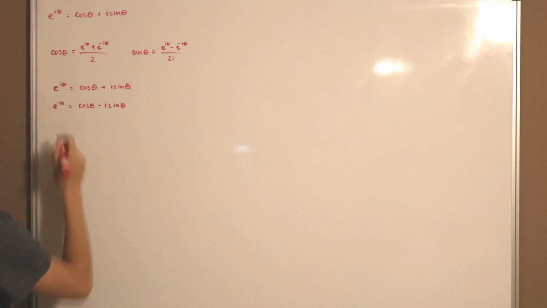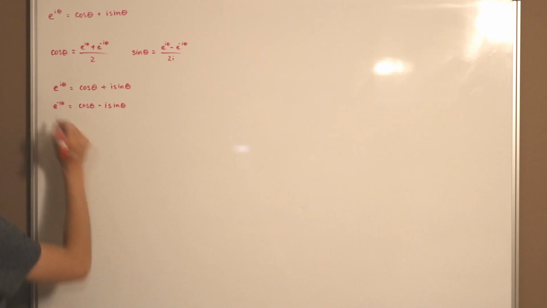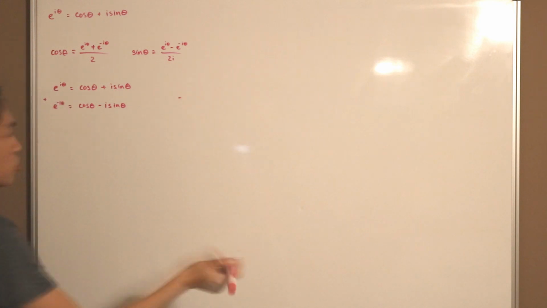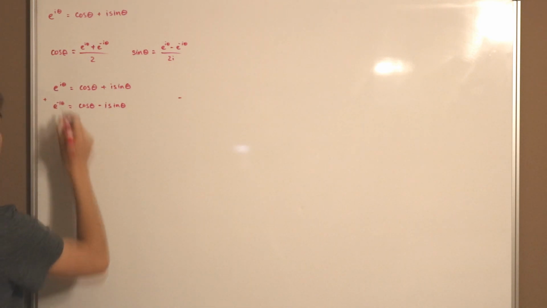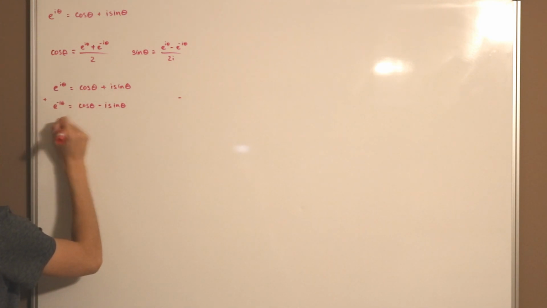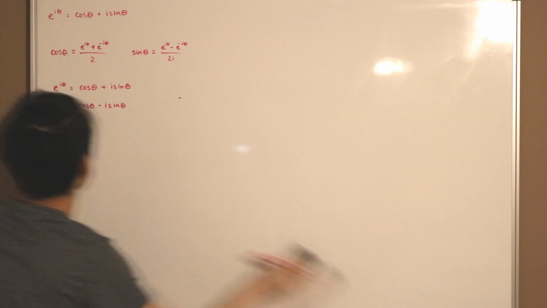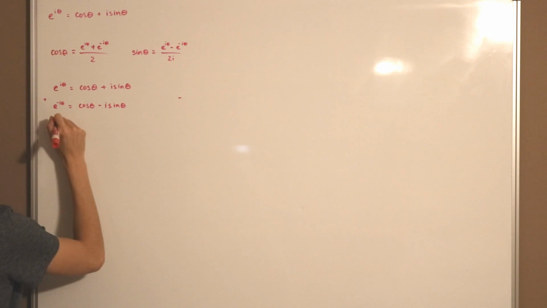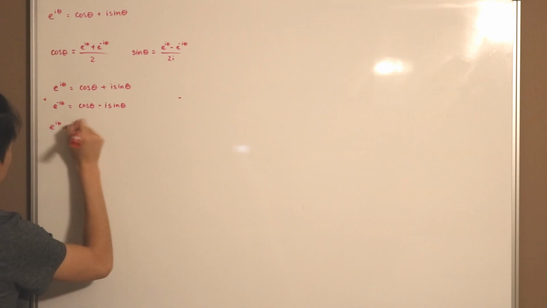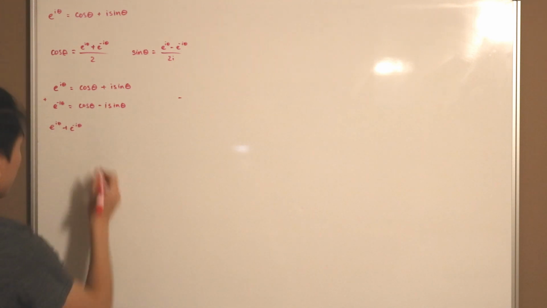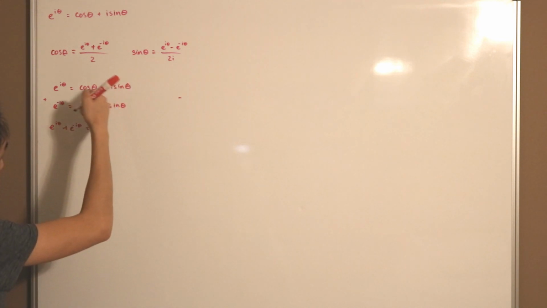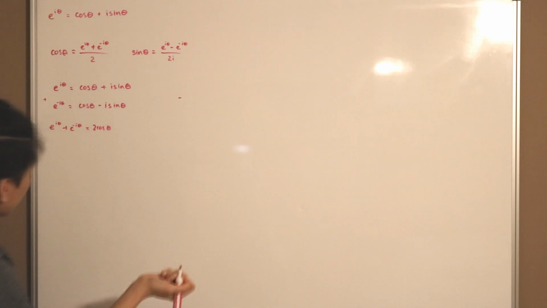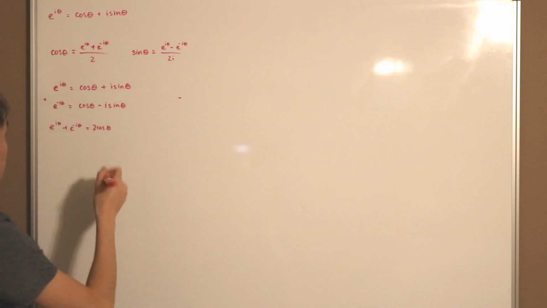I'm going to put a plus right here, and I'll put a minus just to show the work. So everything plus here. That means we have e to the i theta plus e to the negative i theta on one side, and cosine theta plus cosine theta gives 2 cosine theta, and the sine terms will cancel out, so we're good.